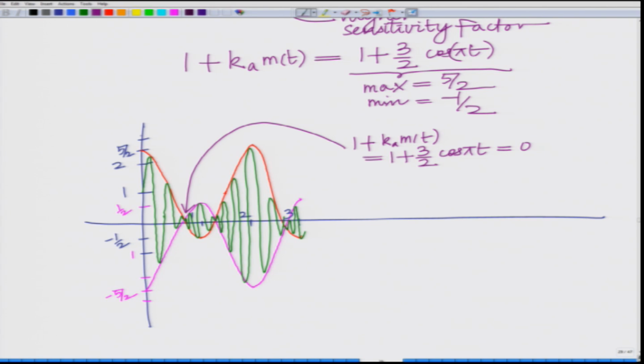So, if you look at this point at t equal to 1, at this point it basically starts to go negative, correct. So, this is your point 1.